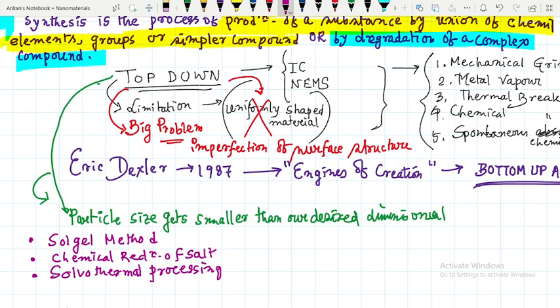So we have to understand all the methods along with the specific advantage and limitation of them separately. Without wasting any time, I want to share with you the difference between the top-down and bottom-up, and then we will move on to our processes involving the synthesis.